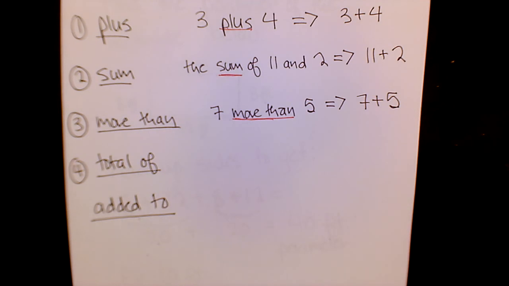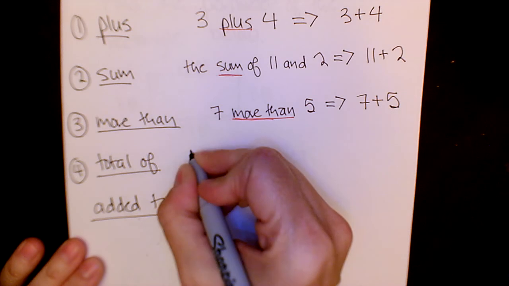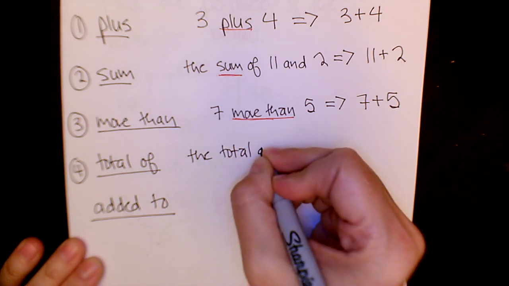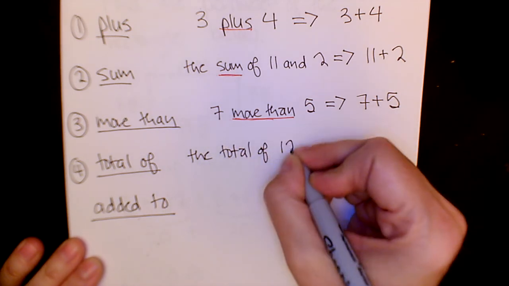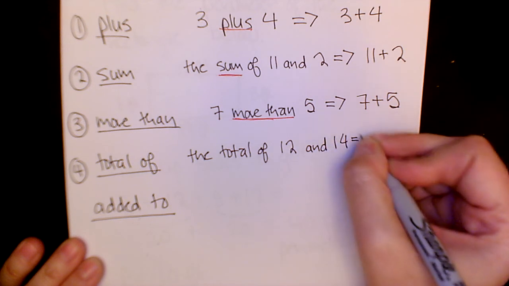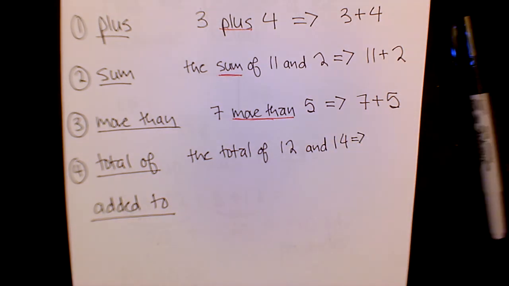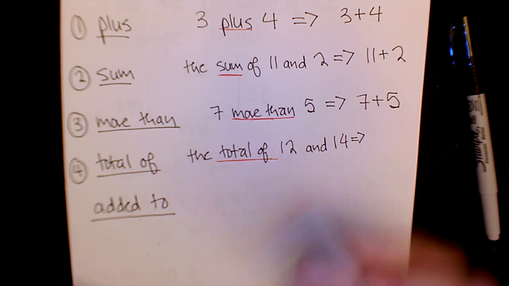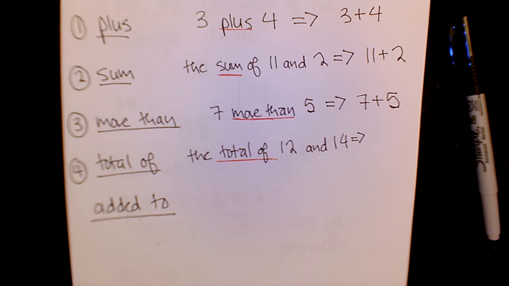The fourth one is total of. So you might see something that might say the total of 12 and 14. So whenever you see total of, that also means to add.